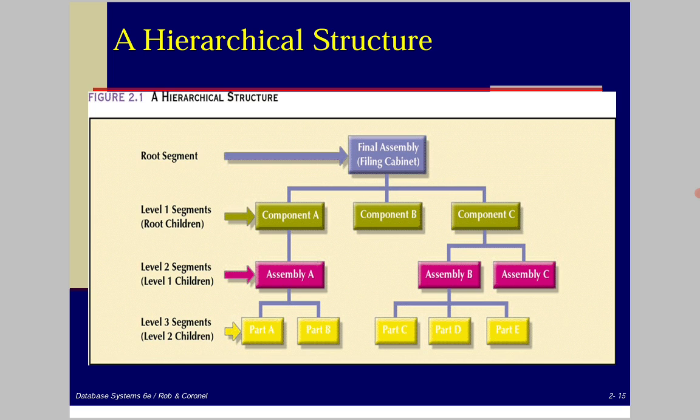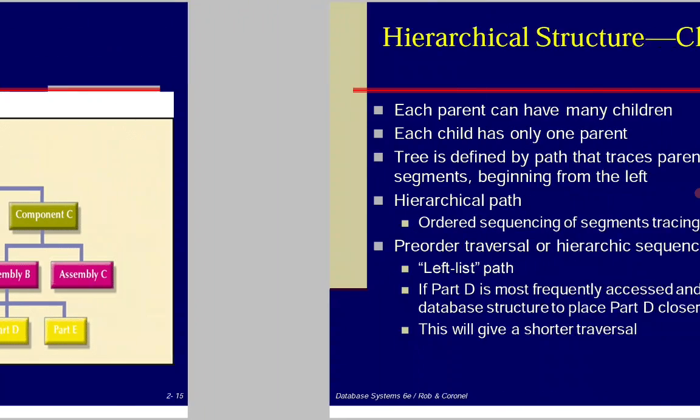The last nodes are called leaf nodes or children. One rule is that every parent can have one or more children, and every child has exactly one parent, so it is a one to many relationship.